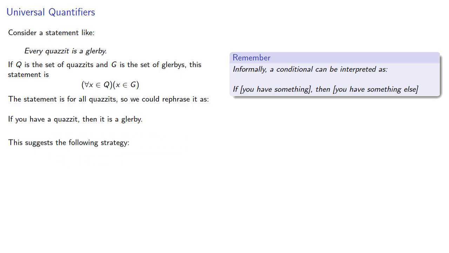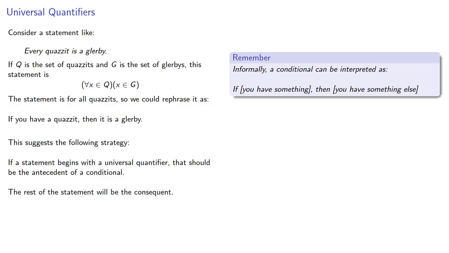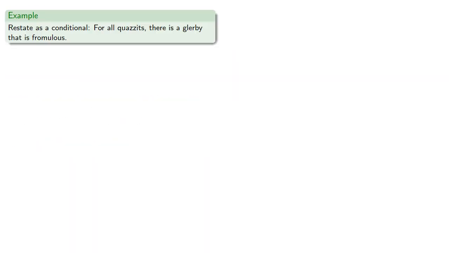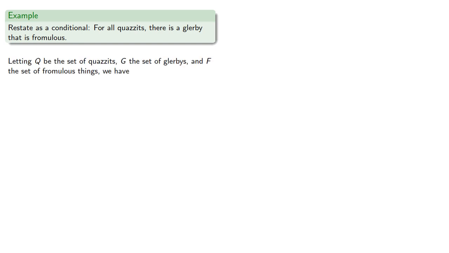And this suggests the following strategy. If a statement begins with a universal quantifier, that should be the antecedent of a conditional, and the rest of the statement will be the consequent. So let's restate as a conditional. For all quasits, there is a glurby that is fromulous. So letting Q be the set of quasits, G the set of glurbies, and F the set of fromulous things, we can rewrite our statement in symbolic form as.